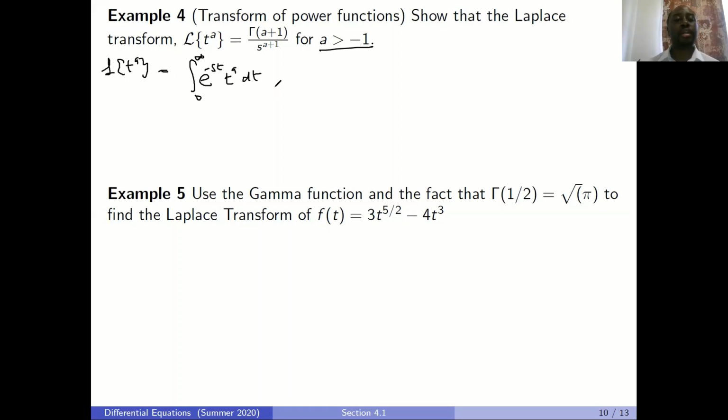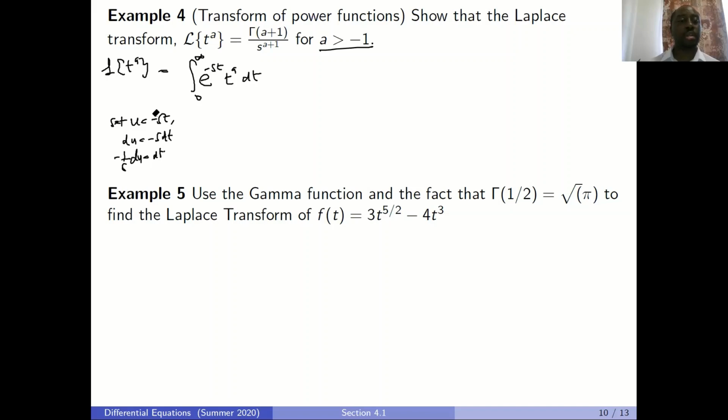Okay. So now let's make a change of variable. If we set u to be minus st, then du is minus s dt. So we have minus 1 over s du is dt. Now, of course, let's make this easier for ourselves.